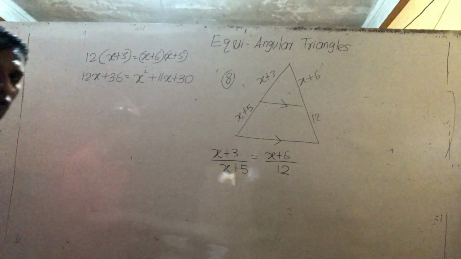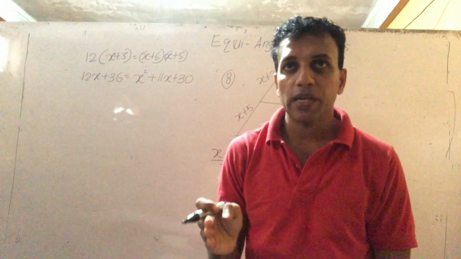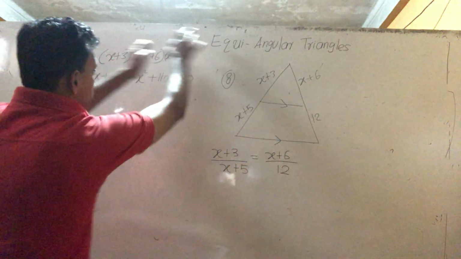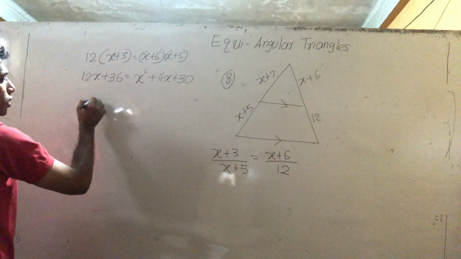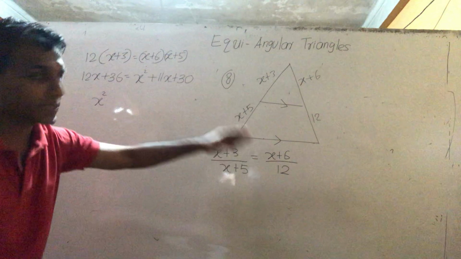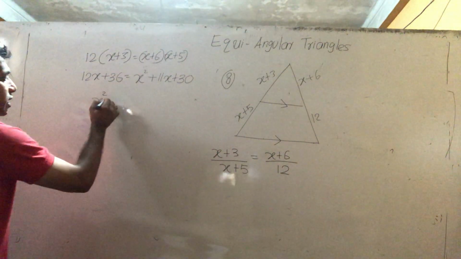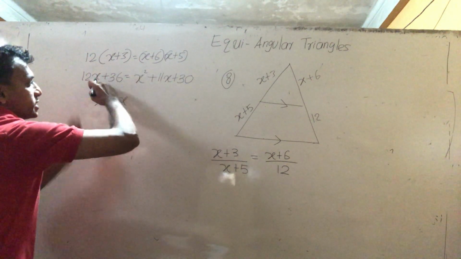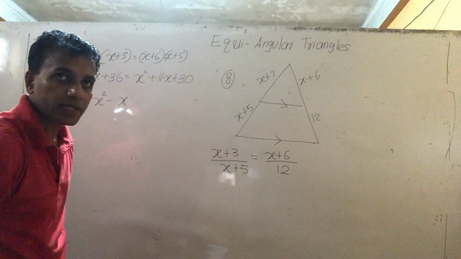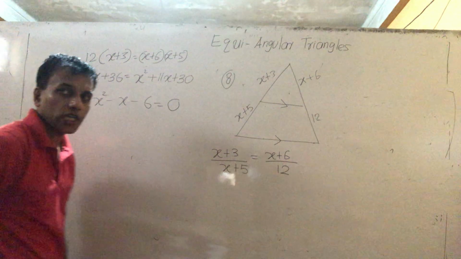Now rearrange as a quadratic equation, ax square plus bx plus c equals 0 form. Therefore take everything to one side: 1x square, 11x minus 12x is minus 1x, 30 minus 36 is minus 6. This is your quadratic equation.